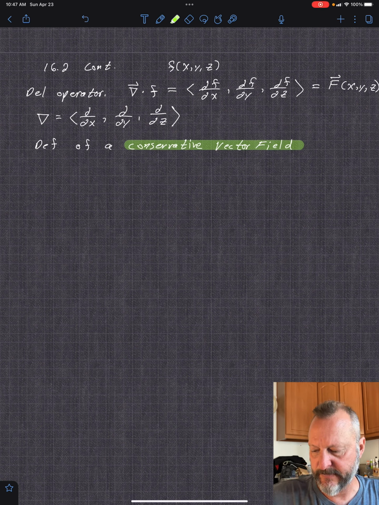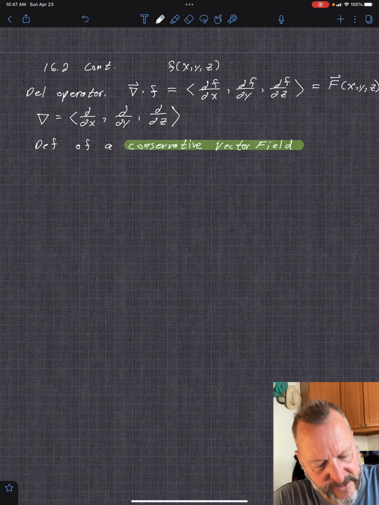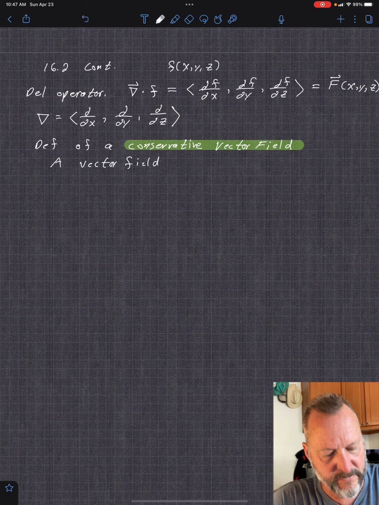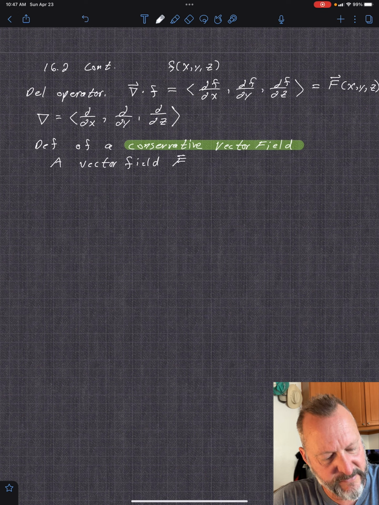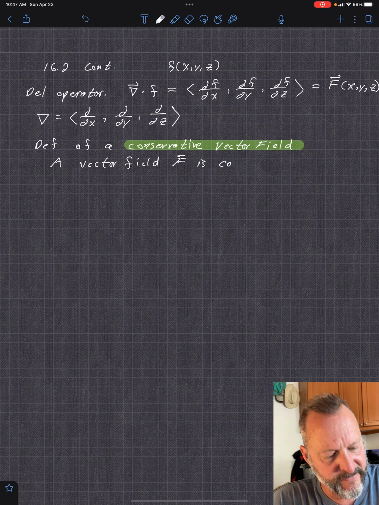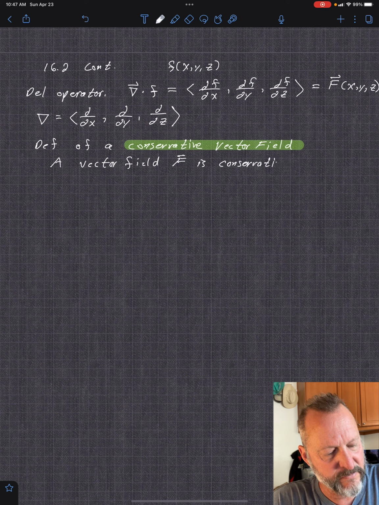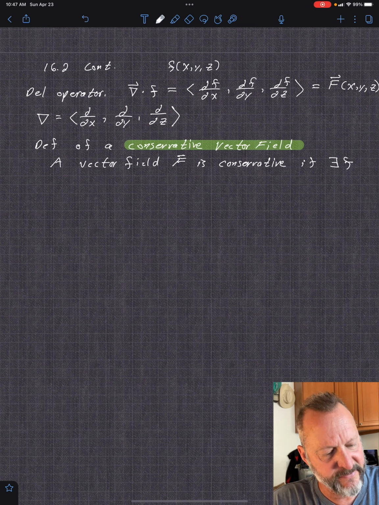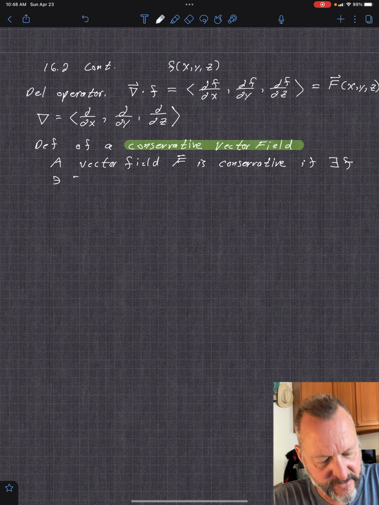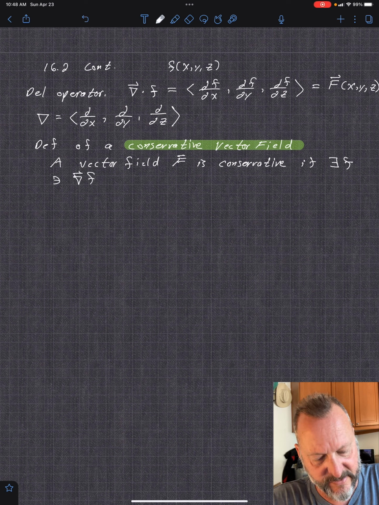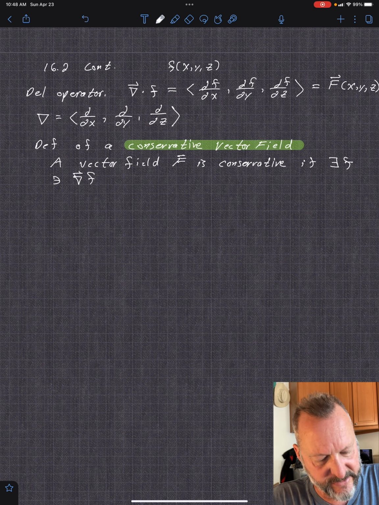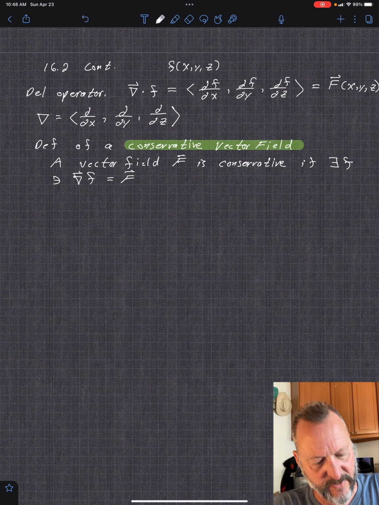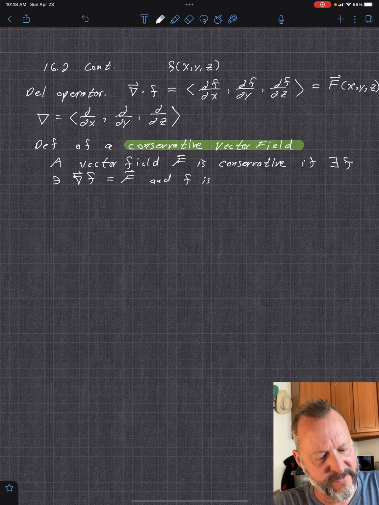So what it says is a vector field capital F is conservative if there exists a little f such that del f is equal to capital F, and little f is differentiable.